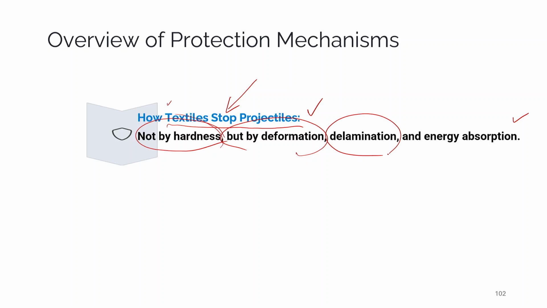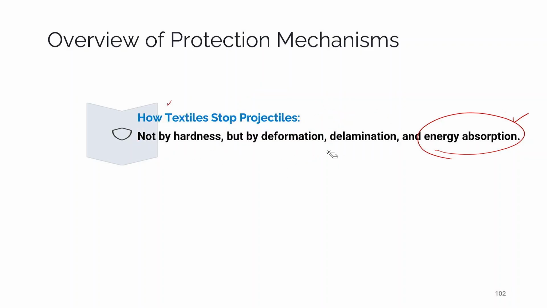Delamination enhances, due to the friction it absorbs the energy, and by the deformation of fiber and the textile structure, it absorbs the energy. Due to all these mechanisms, textile material is able to absorb the energy and finally stops the projectile.